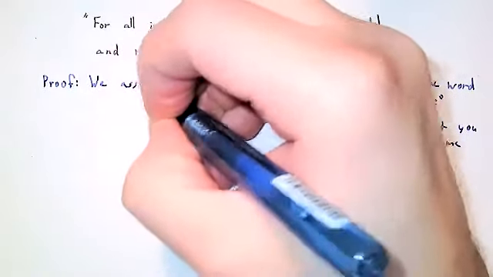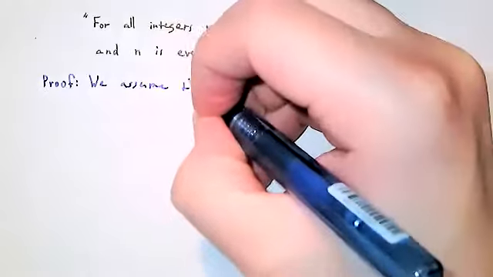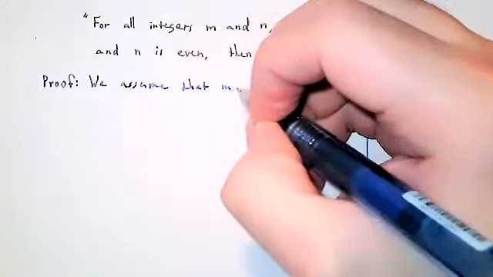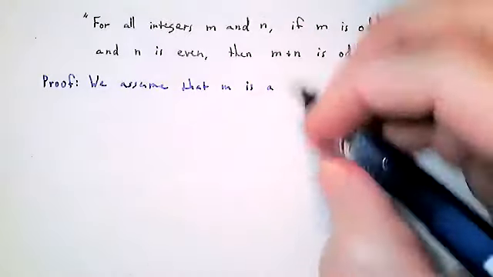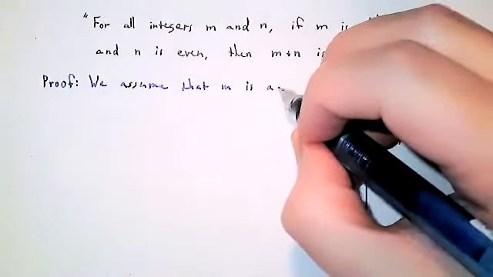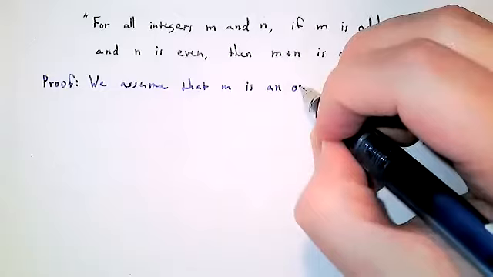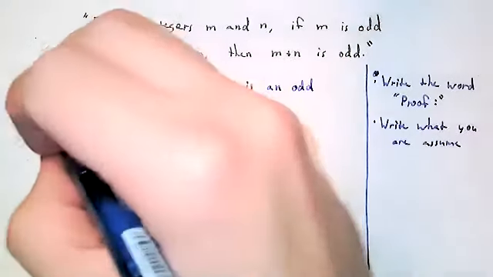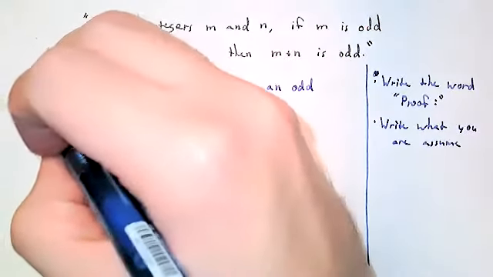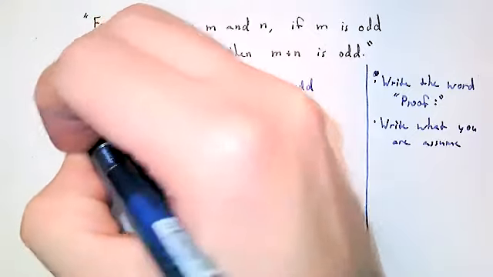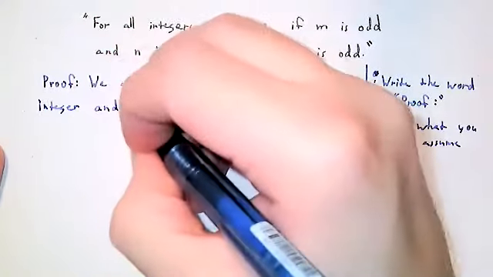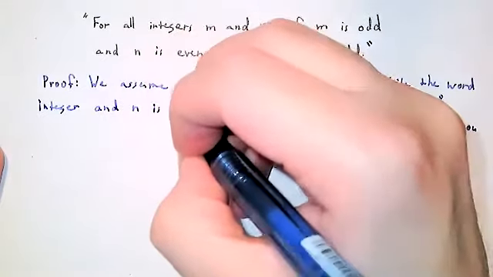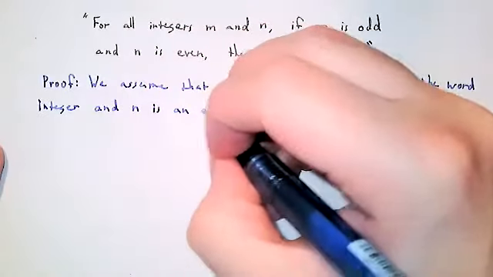So write it out. We assume that m is an odd integer, and n is an even integer.